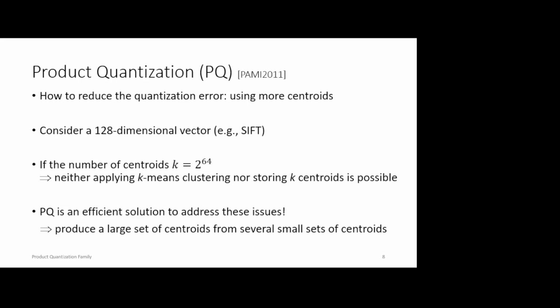Here let's consider we have 128 dimensional vectors, like the SIFT data set. If we want to use more centroids, can we use a number of centroids like 2 to the 64? Is this possible?